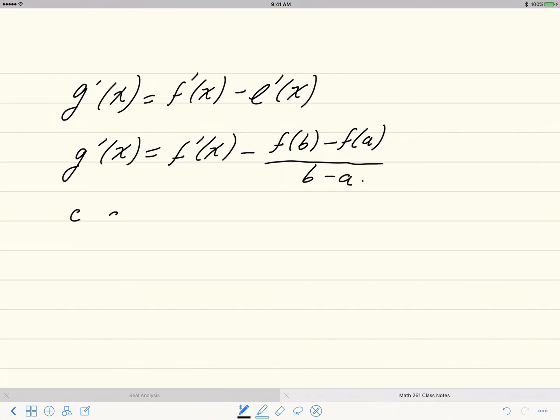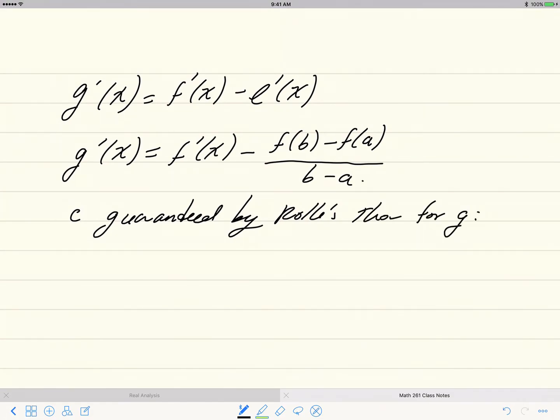And then so the c guaranteed by Rolle's theorem for g. So g satisfies the three properties of Rolle's theorem. So c guaranteed basically is saying that g prime of c is 0.